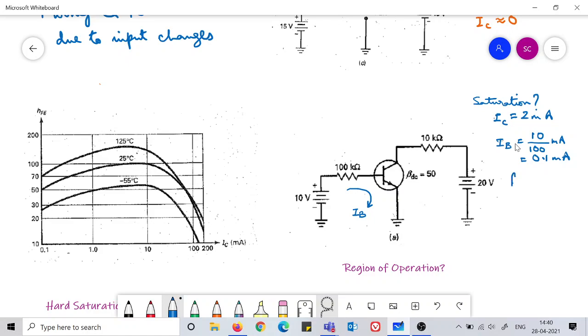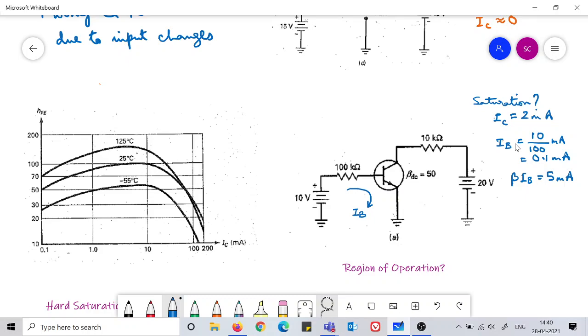Beta times this IB, where beta is 50, means 5 milliamperes. Now you compare this IC which you have calculated assuming the short, and the IC that you have calculated with the current gain.